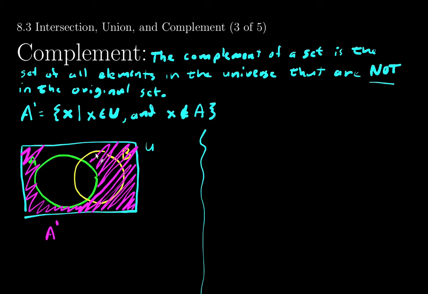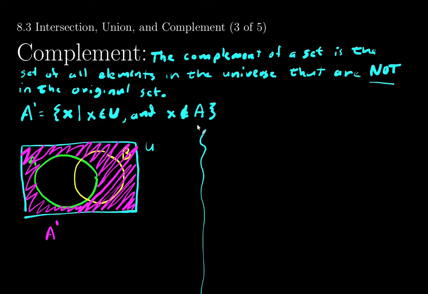So it's all the space inside this rectangle that's not in this A circle. Now notice it didn't matter where B was. There's nothing to do with B here. So B could have been inside of A, B could have been completely disjoint from A. It didn't matter.